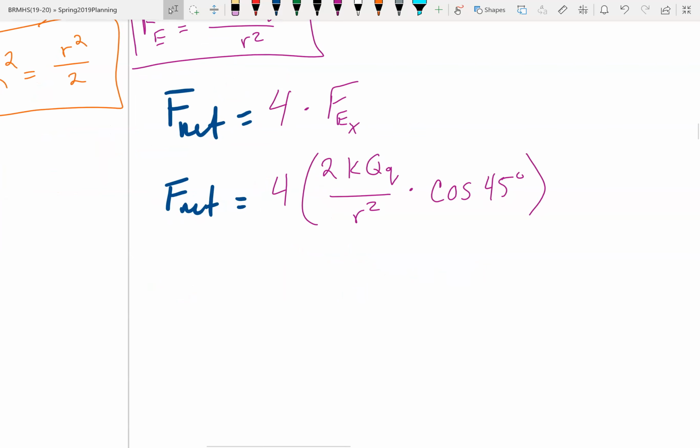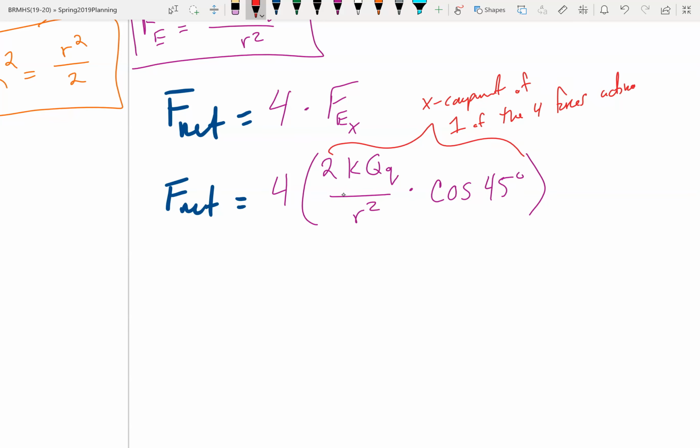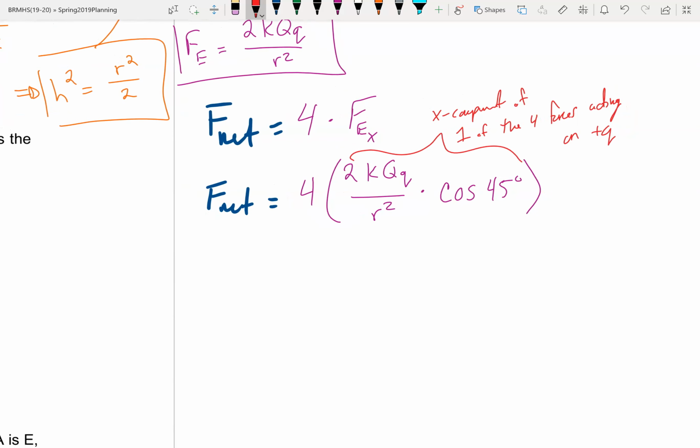So 4 times this all right here is the x component, or horizontal component, of one of the 4 forces acting on plus little q in the center. And since that's only a representation of one of those 4 forces, I need to multiply it by 4.